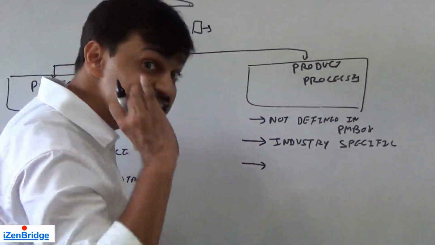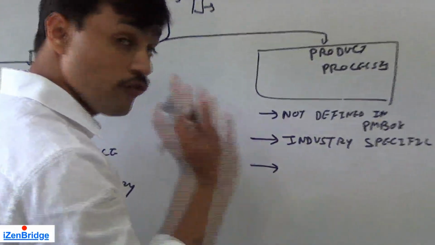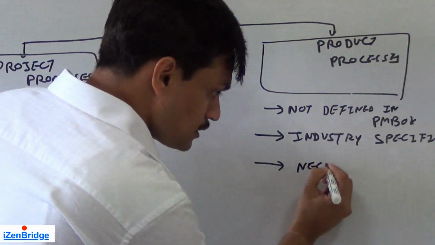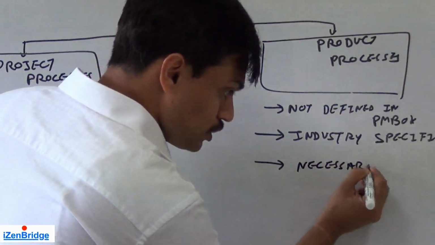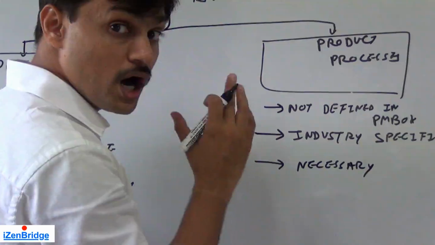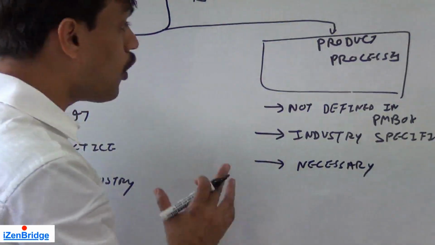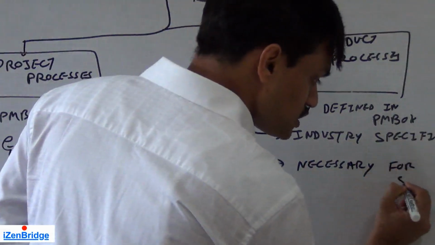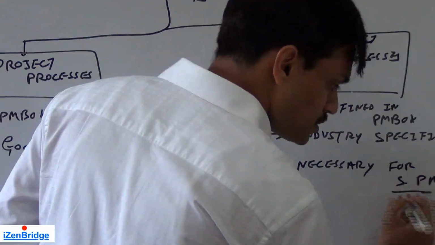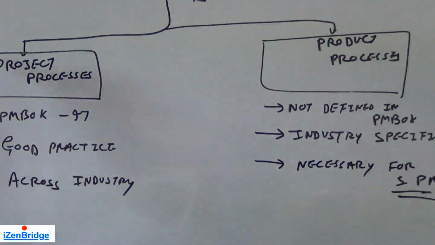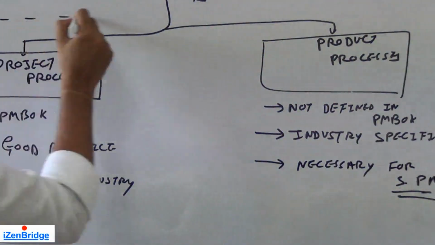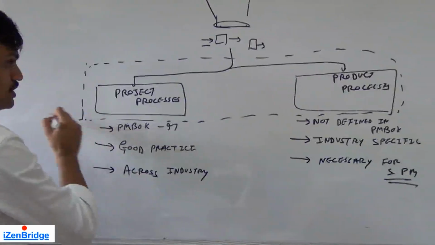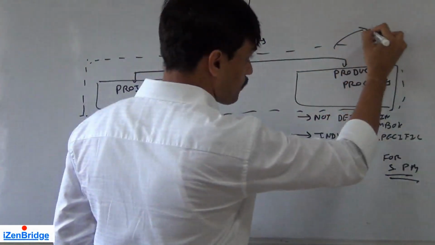They are a very necessary element of project management. So as a project manager, you need to have a good understanding and control of product processes. They are necessary for successful project management. So as a project manager, you need to look at a combination of these two types of processes in order to deliver the project.